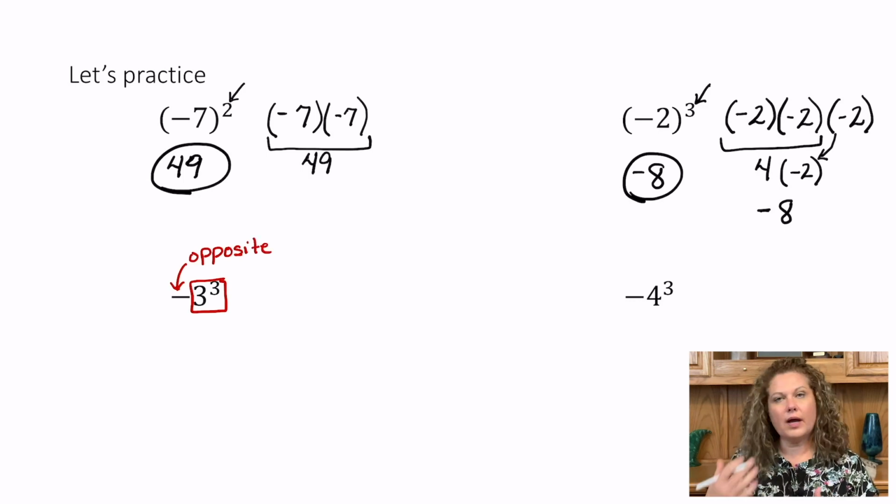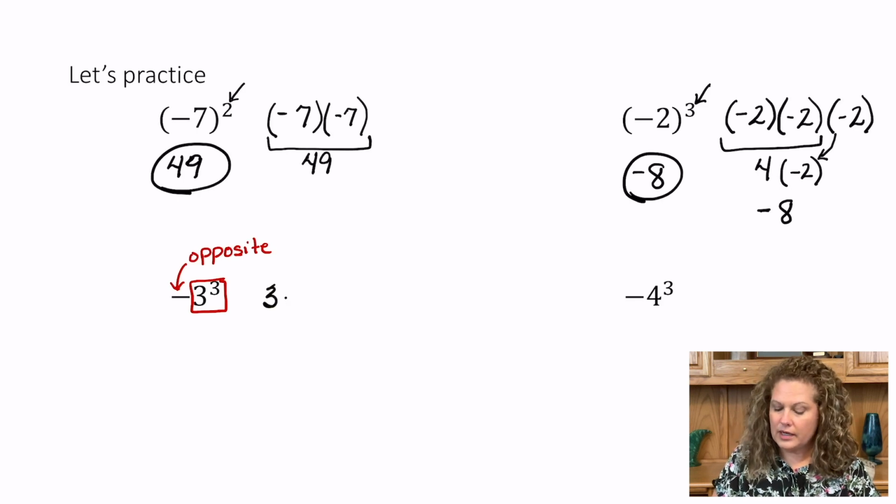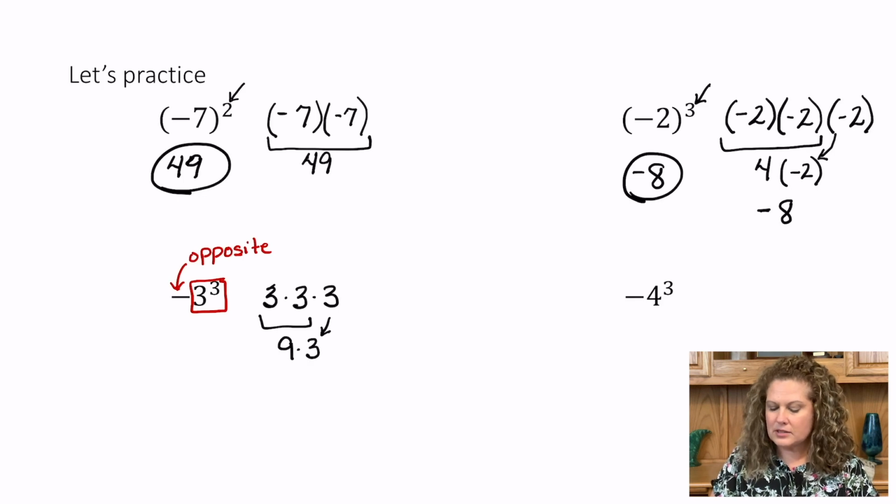So the way I would write repeated multiplication, 3 times 3 times 3. Go ahead and group. 3 times 3 is 9. Bring down my extra 3. 9 times 3 is 27. Remember that negative, so my answer is negative.